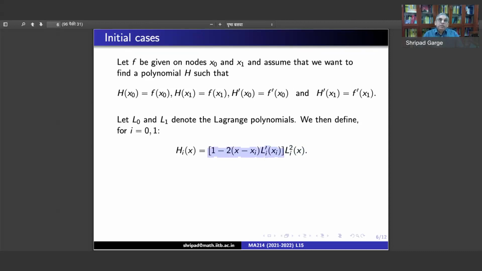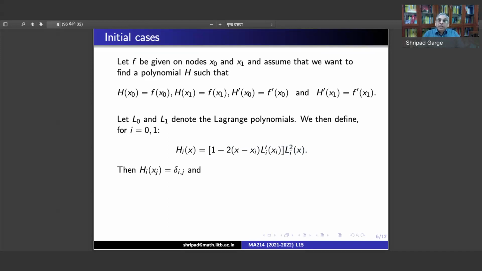Let's compute the values of hi on xj. Li square of x being a factor of hi of x will tell you that on xj the value has to be 0. So hi of xj is 0 for j not equal to i. What is the value of hi on xi? This factor vanishes on xi because you have x minus xi sitting there.